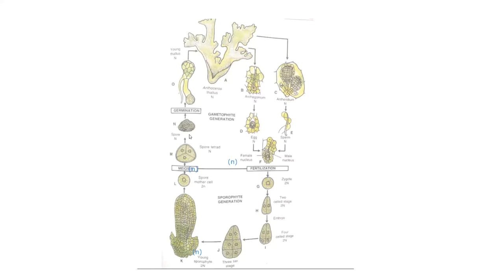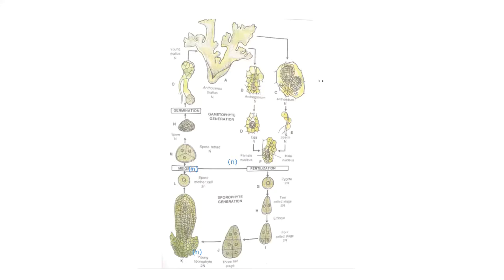So here a single spore is the first cell of the gametophytic generation, whereas the zygote is the first cell of the sporophytic generation. That is how the life cycle is completed. When both the generations are multicellular and well developed, the alternation of generation is called diplohaplontic. I repeat, diplohaplontic life cycle.